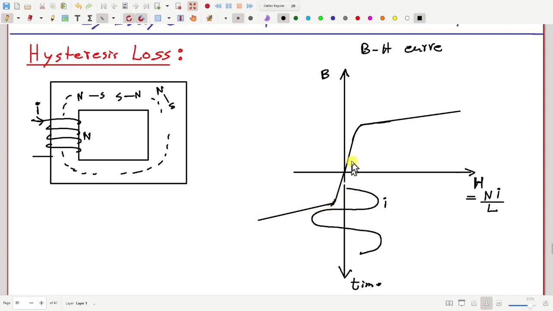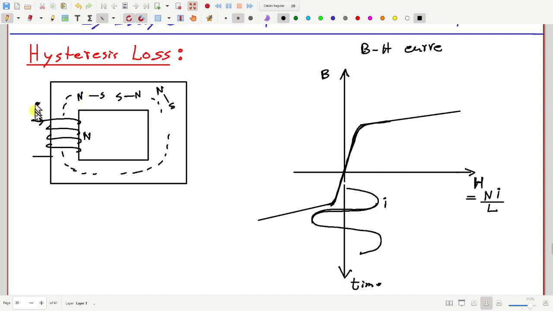But now, when I am varying this current repeatedly very fast, will the flux density vary along this graph, along this line? No. What happens? There is a delay between the reorientation of these tiny magnets and the time when the current is changed.